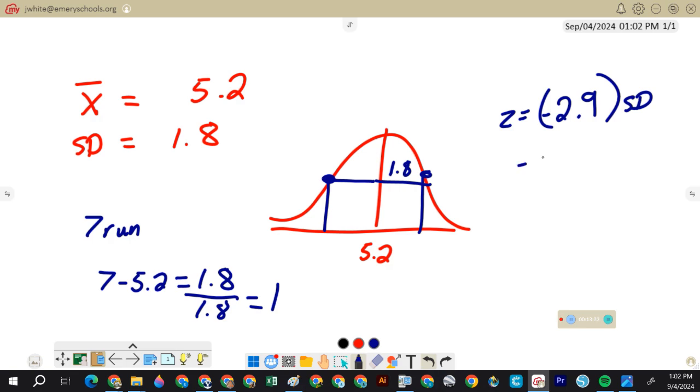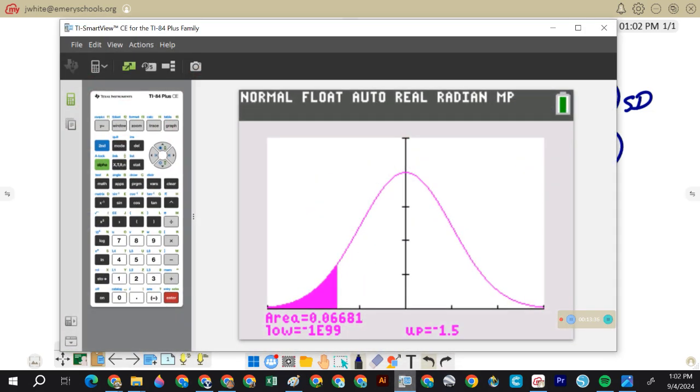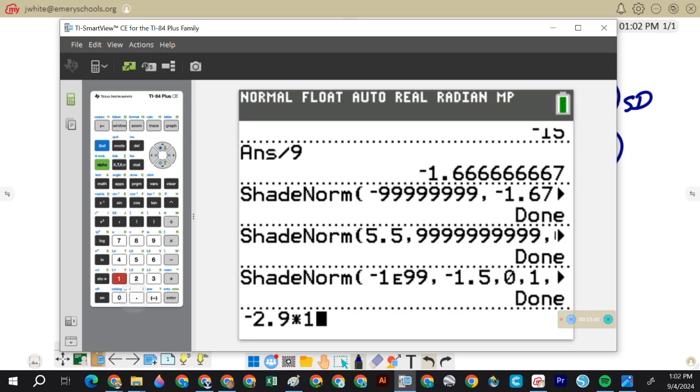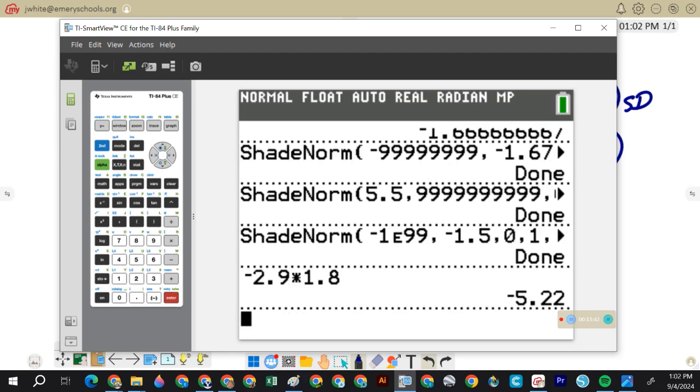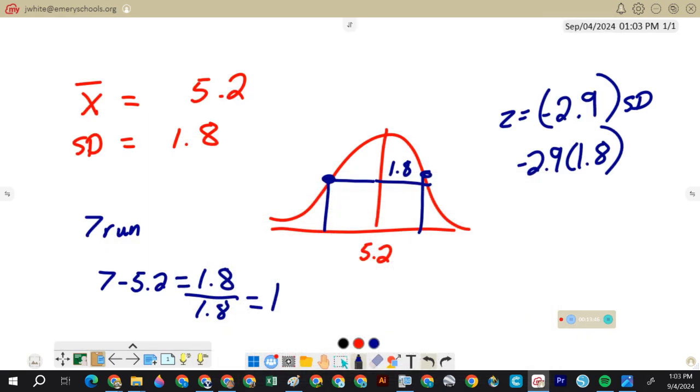So if I take -2.9 and I times it by 1.8, I need a calculator. -2.9 times 1.8, and I get -5.22. What does that mean? Your team scored 5.22 points less than average.